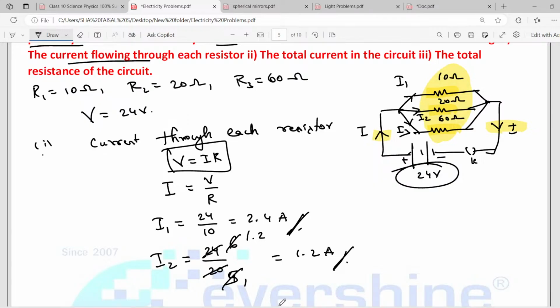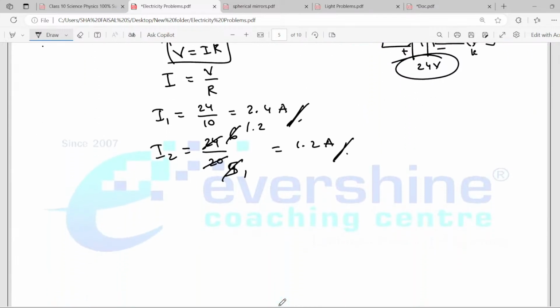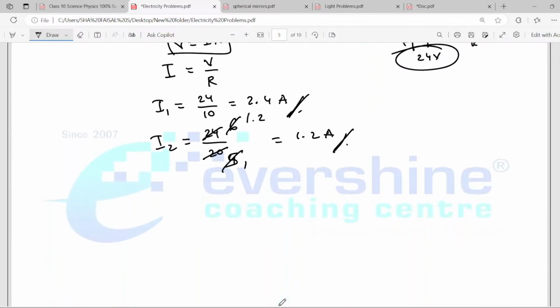At I2 we got the current at the second resistor, 1.2 ampere. Now at R3, that is I3. So I3 is 24 by 60. So 24 by 60, you will get 0.4 ampere.